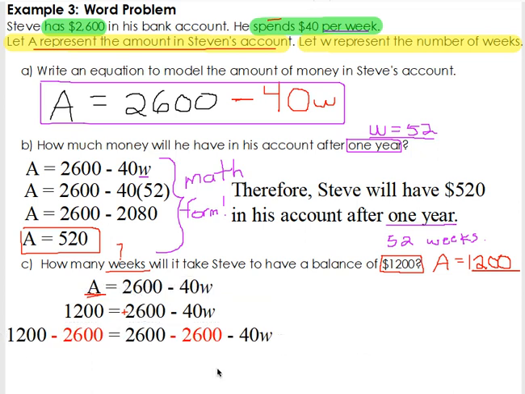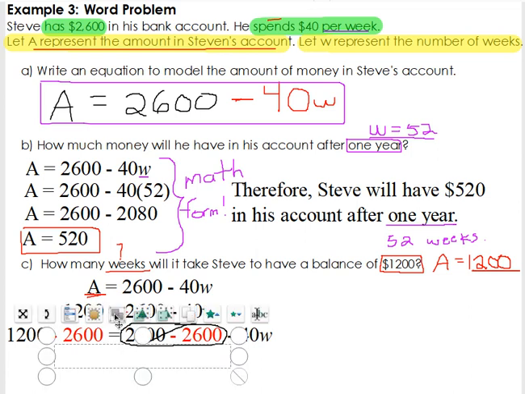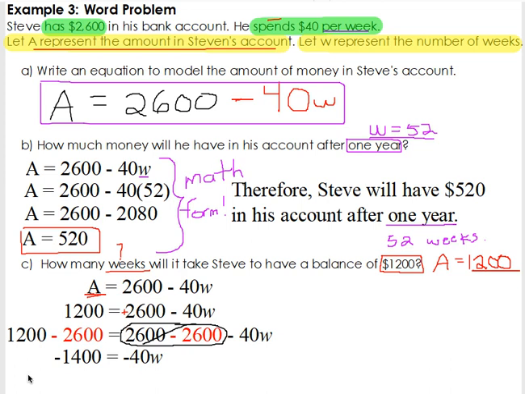We take away 2600 from the right, we take it away from the left, and 2600 minus 2600 is just 0. So on the left side, we end up with negative 1400. And on the right side, remember, it was minus 40W, so we end up with negative 40W.